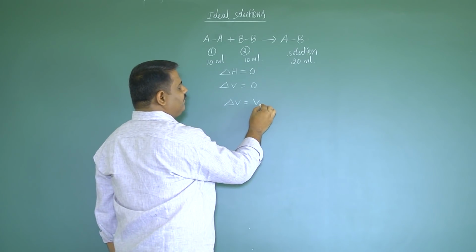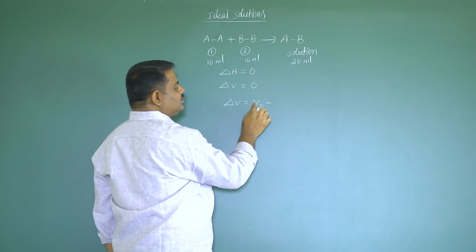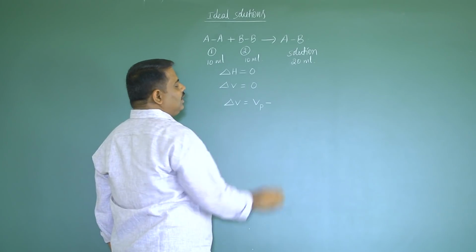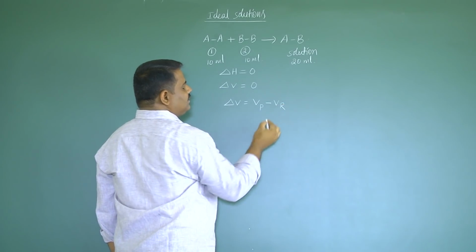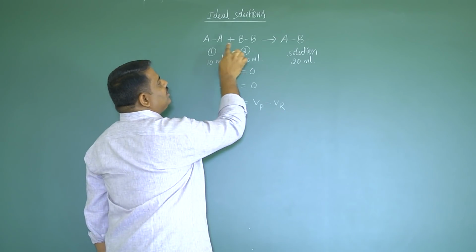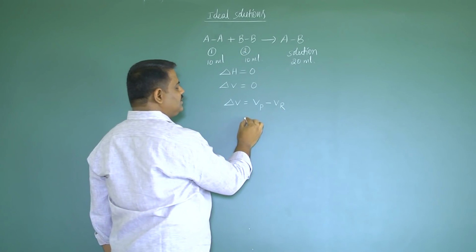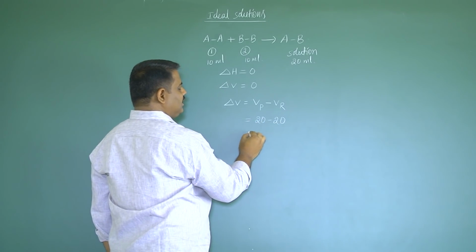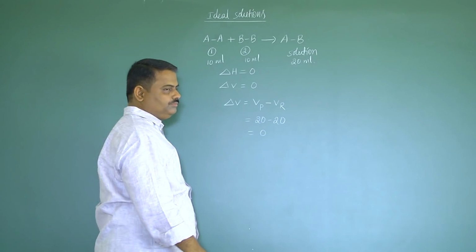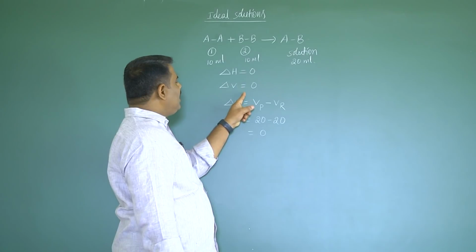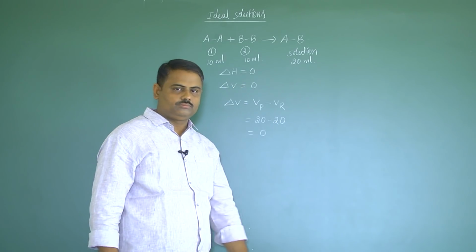Here, volume of solution, that is actually what we are calling the product, minus volume of reactants. Actually these are not reactants, generally these are individual components. That is equal to 20 minus 20, that is equal to 0. Now these two are the conditions for ideal solutions.